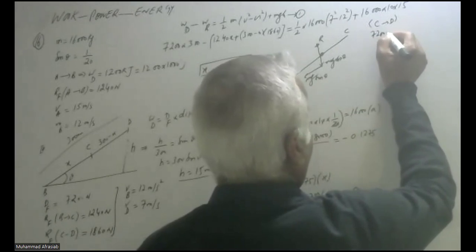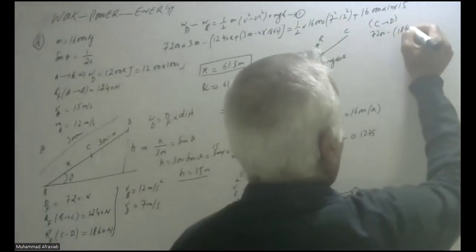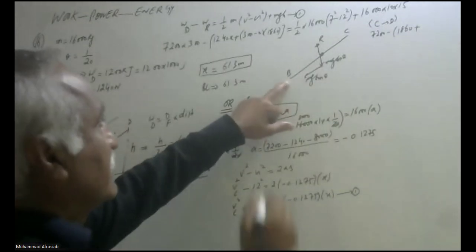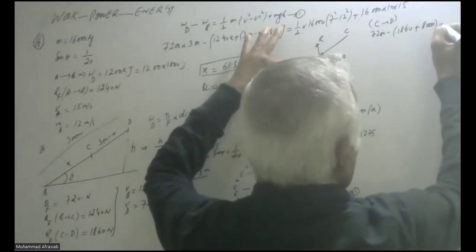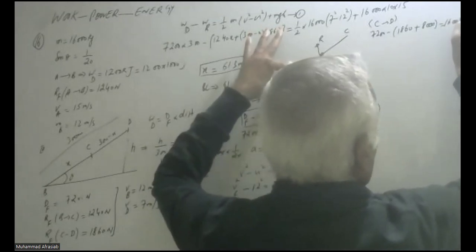So 7200 minus the resistive force to that motion, which is 1860 plus the frictional force, again the same part, now at D. So it should be equal to mg sine theta, which has been calculated there, equal to 8000, is equal to mass of that particle, 16,000, into acceleration a.